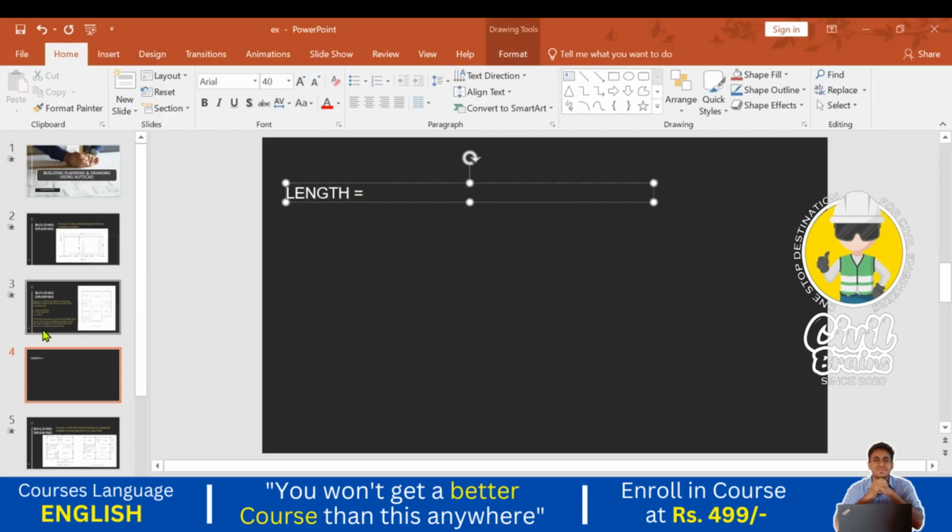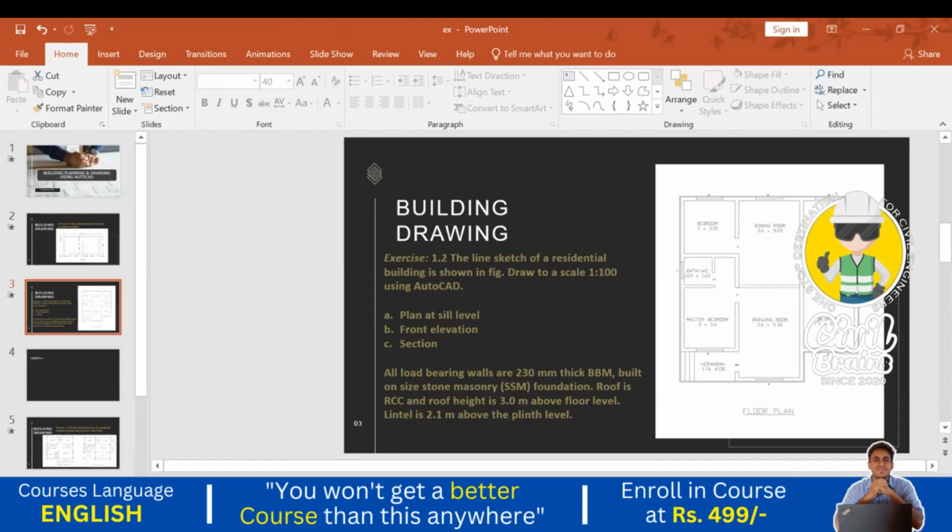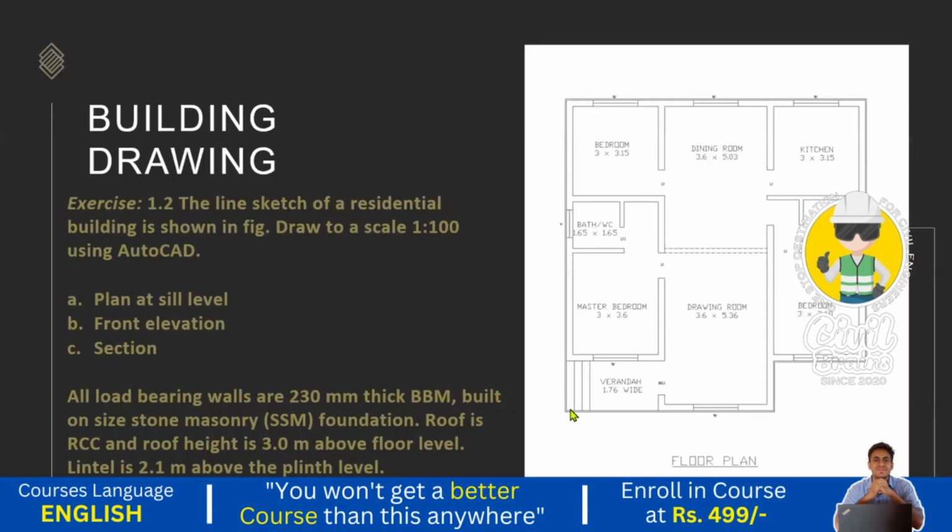What is the length here? How to calculate that? We'll calculate this length, this width, this length, and this width. So what is the length? 1.76 meter from this point.